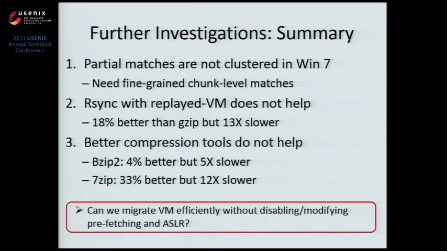So the question we asked was, okay, this sort of looks like a negative result. One approach is to disable or modify Superfetch and ASLR and so on, and then try to do efficient migration. That might have implications in terms of performance and security, but that's one way to go. Or can we do it without that?